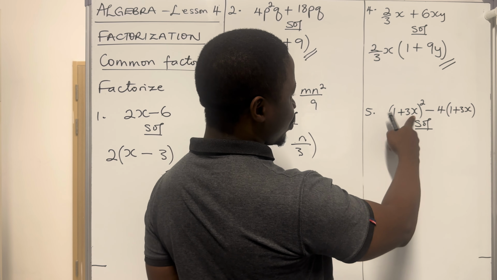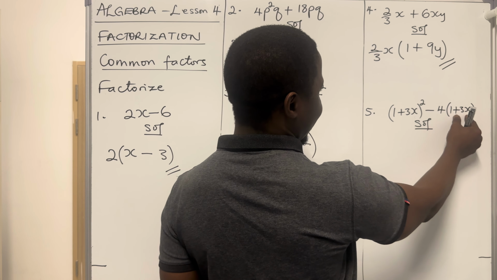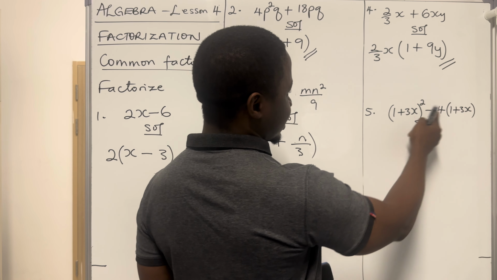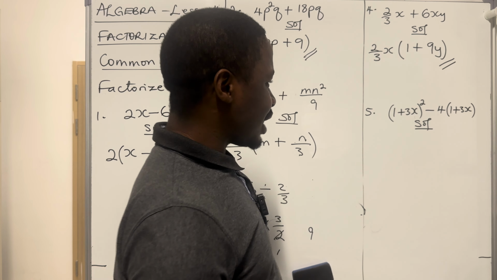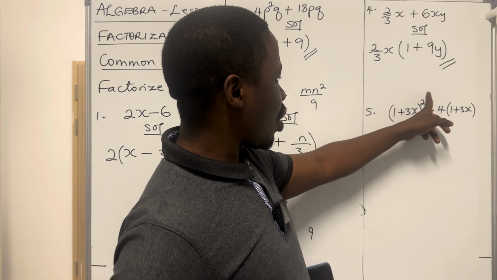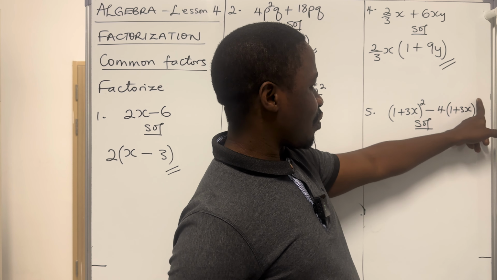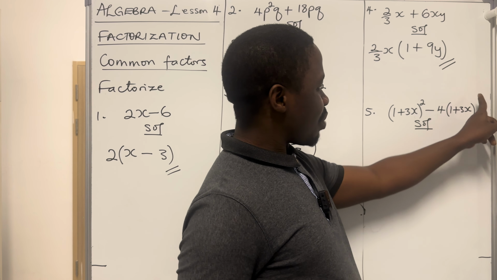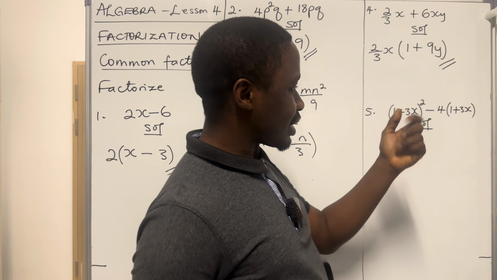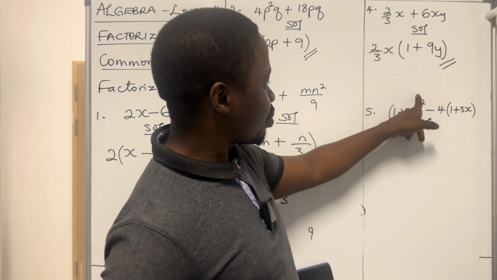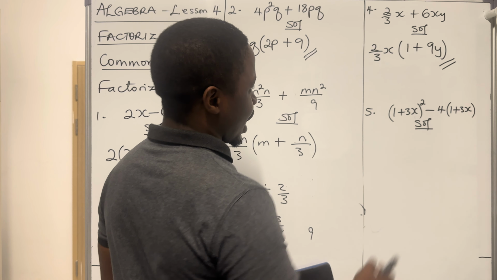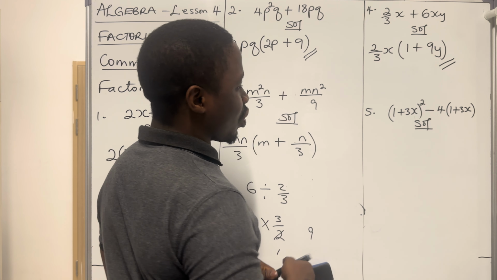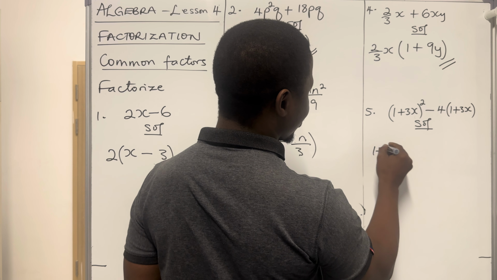This bracket contains the same thing that is here. 1 plus 3x, 1 plus 3x. Only that this bracket has a power of 2, this bracket has a power of 1. A bracket with a power of 1 means one bracket. A bracket with a power of 2 means two brackets. So we can say one bracket is common. So we say 1 plus 3x.